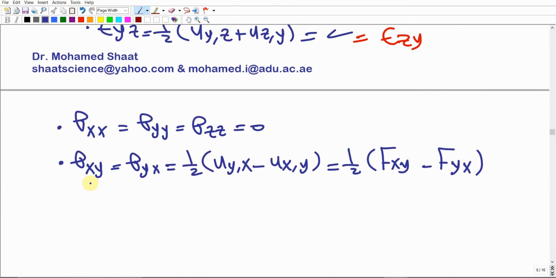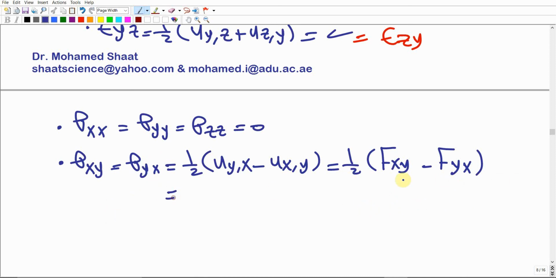But here, if we say theta xy, and we're going to use the displacement gradient, it should be uy comma x negative ux comma y. If we decide to work with the deformation tensor, we should stick to the same order, xy, yx, because this one is uy comma x and this one is ux comma y. You got my point? So just take care of these index things.